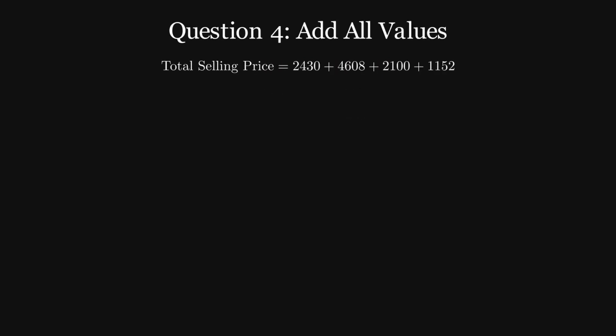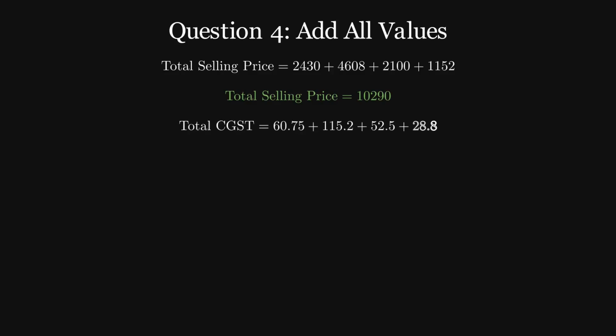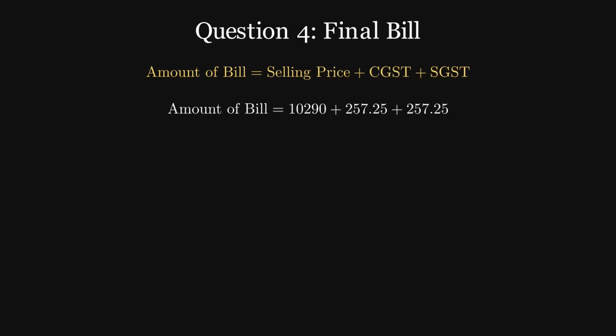Now add all the selling prices. So this gives us rupees 10,290. Total CGST is rupees 257.25. So similarly, SGST is also rupees 257.25.